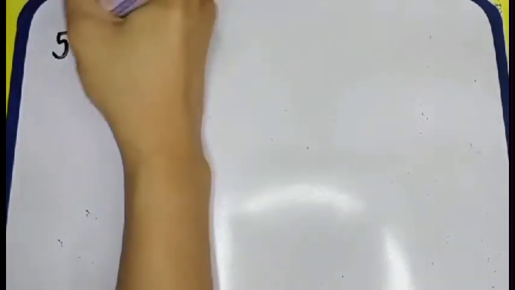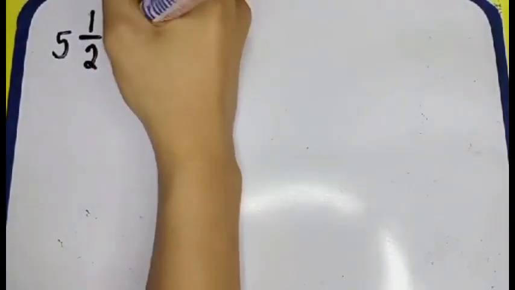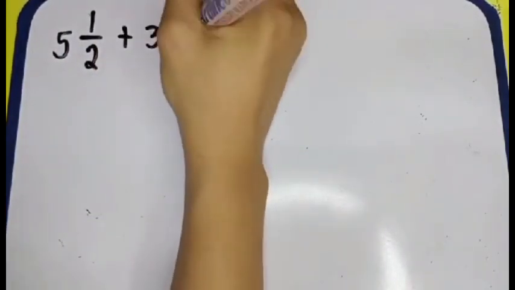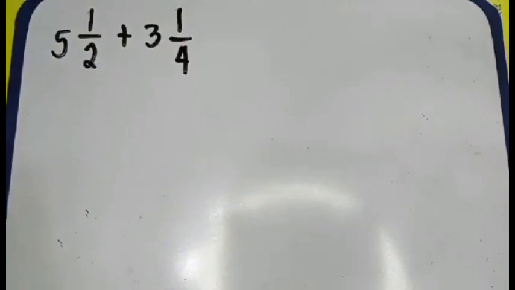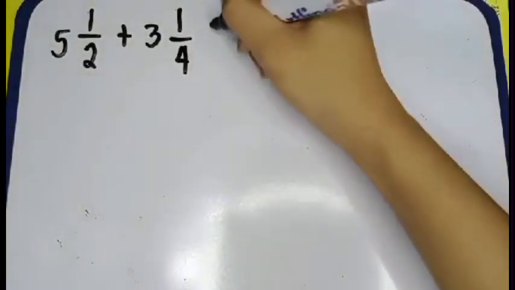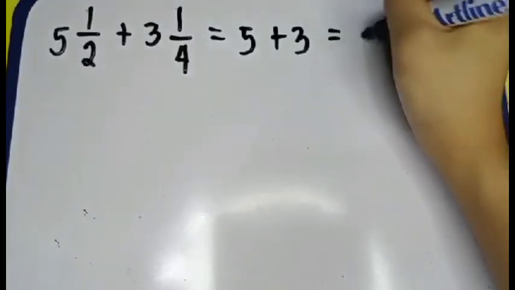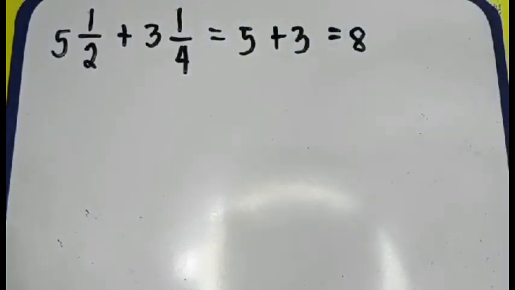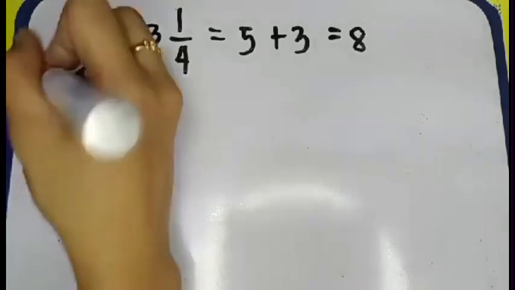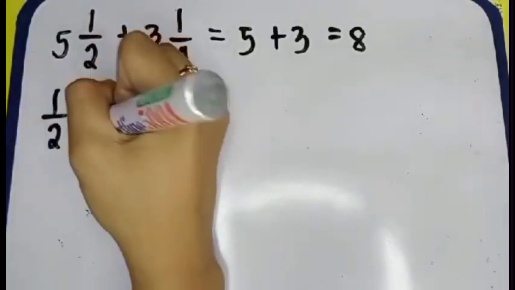Last, we have 5 and 1/2 plus 3 and 1/4. Let's add first the whole numbers, which is 5 plus 3. 5 plus 3 is equal to 8. And let's proceed to the fractions, which is 1/2 plus 1/4.